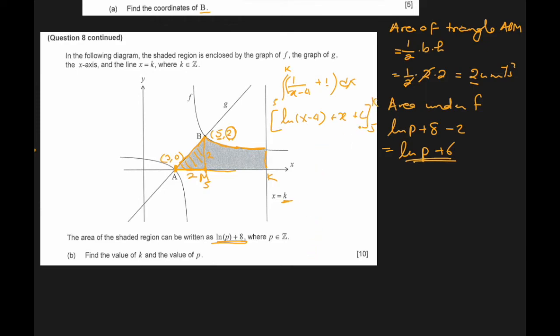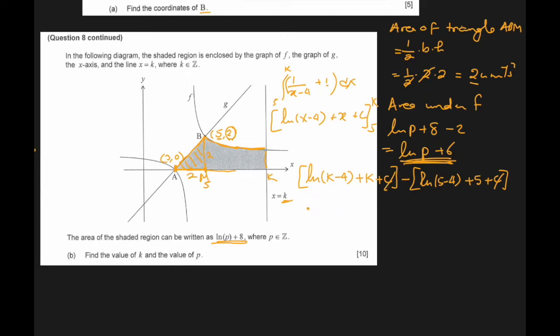Let's substitute 5 and k in these and we'll equate that to this one. First, let me substitute k. So ln of k minus 4 plus k plus c, minus ln of 5 minus 4, I'm substituting 5 now, plus 5 plus c. First thing first, c gets cancelled out.